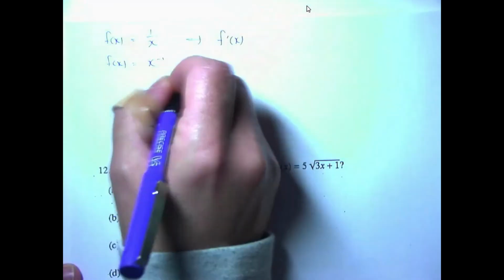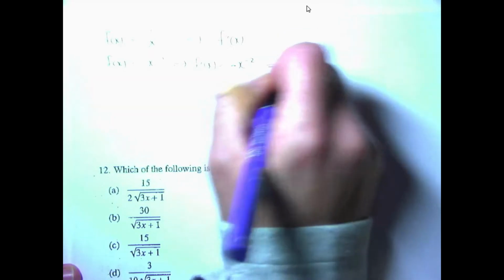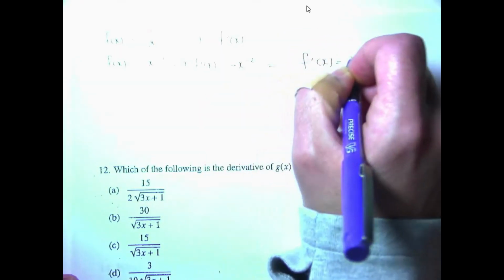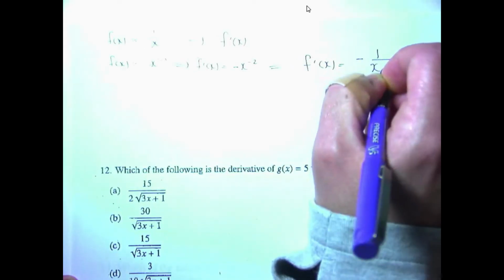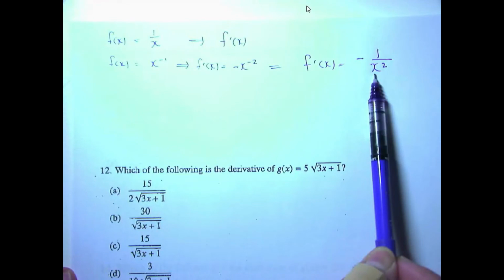Hence the derivative f'(x) is equal to negative x to the power negative 2. When we clean it up, f'(x) is equal to negative 1 over x squared. So we commit this guy to memory, so we don't have to reinvent the wheel each time.